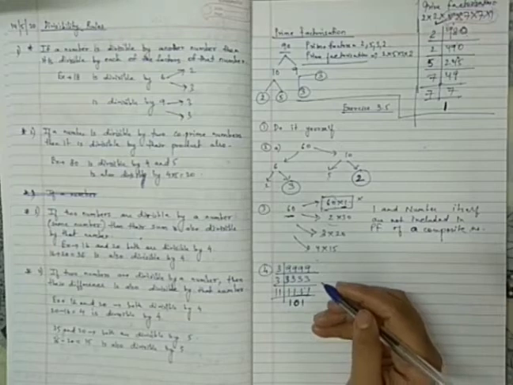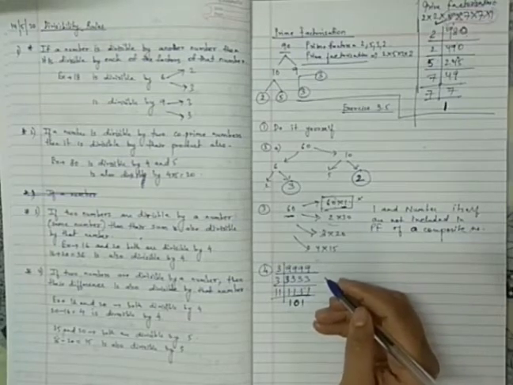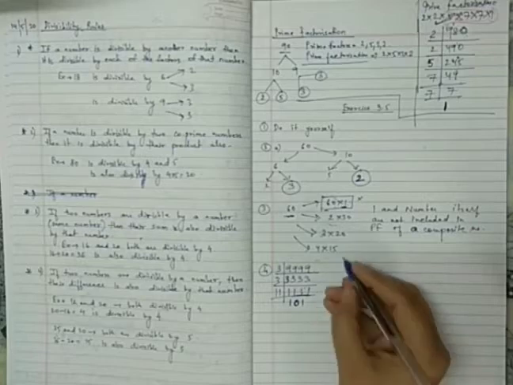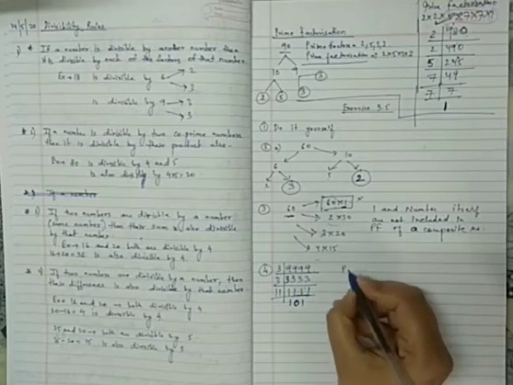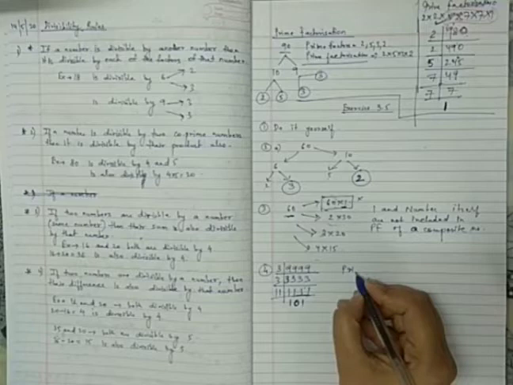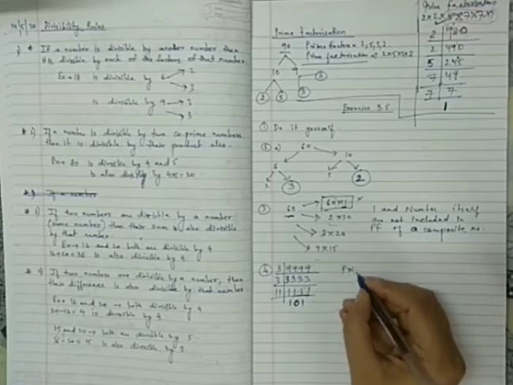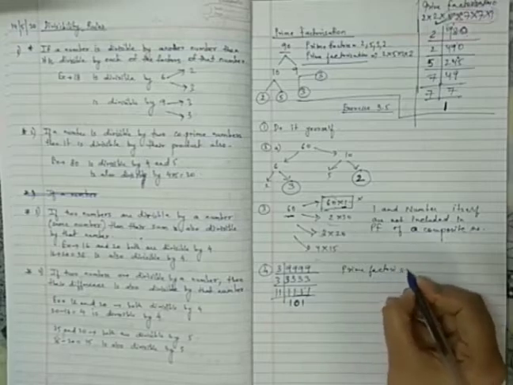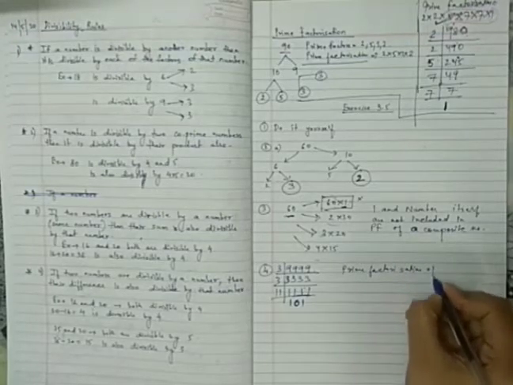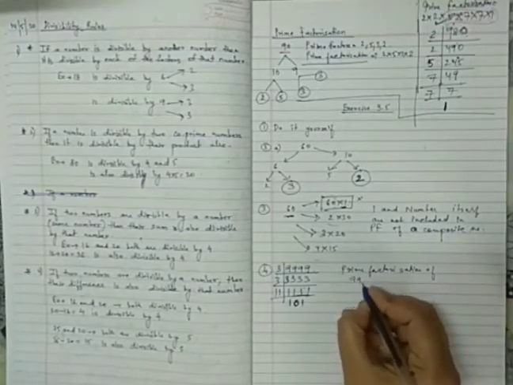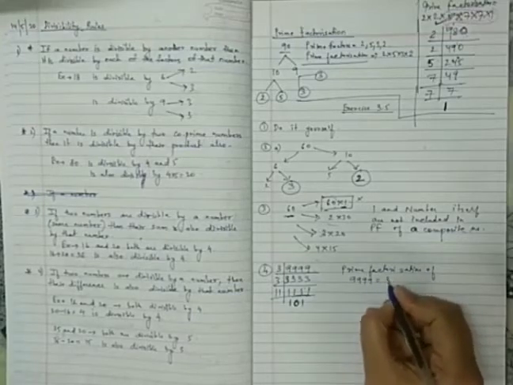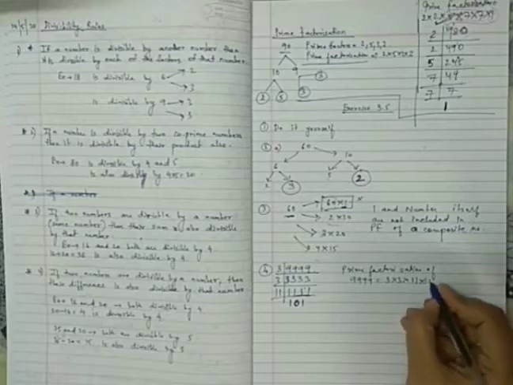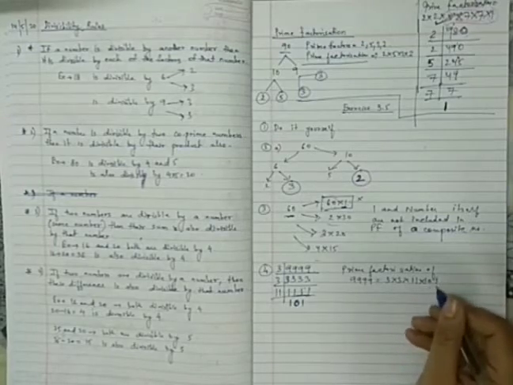So if you write the number in its prime factors form, they've asked in terms of prime factors. So prime factorization of 9999 is equal to 3 into 3 into 11 into 101. 101 is a prime number.